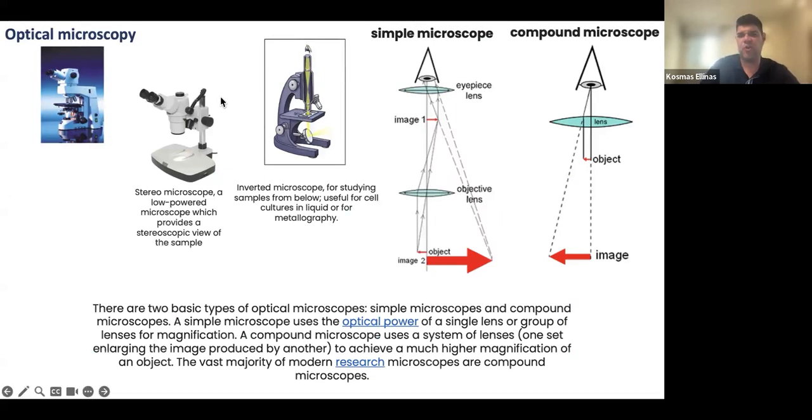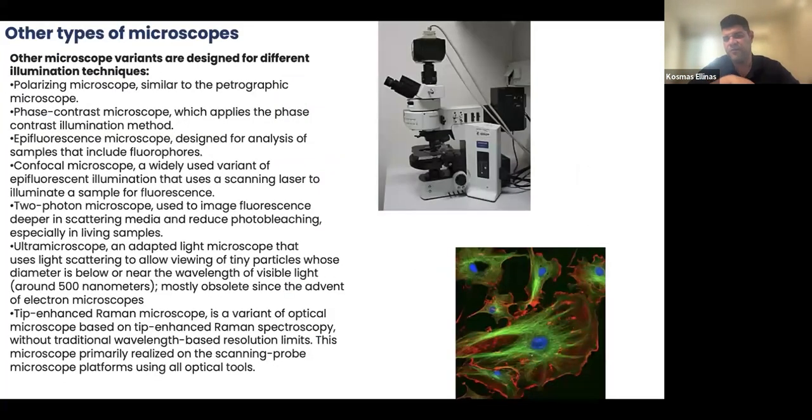We have stereoscopes, inverted microscopes, and by using very good lenses, we can go, let's say, up to 100 times or 200 times magnification. So we are able to see small objects, mainly on the micro scale. Of course, different types of microscopes have also been developed in order to observe different things.